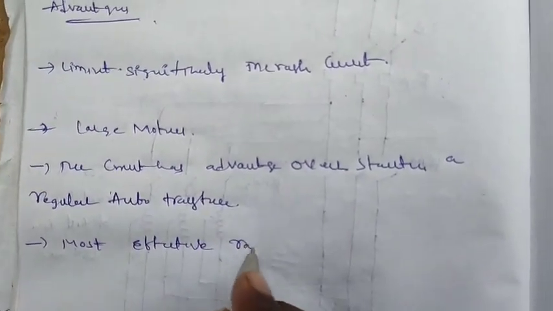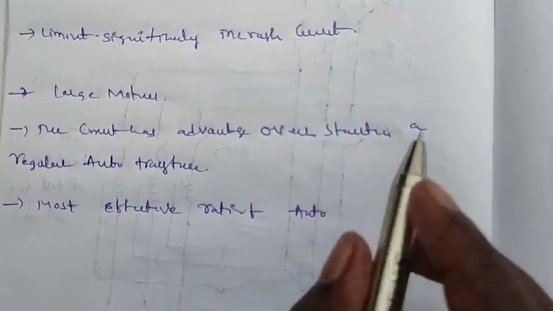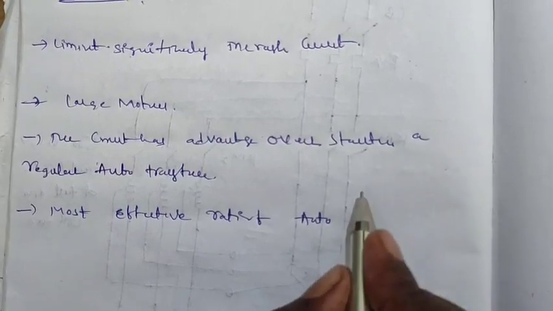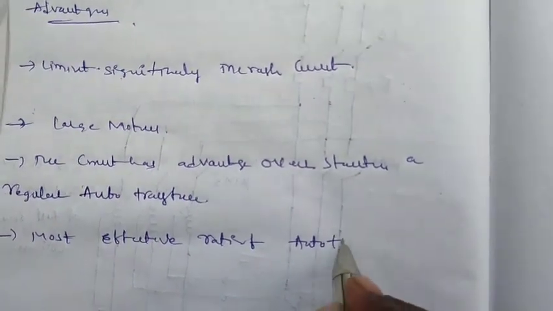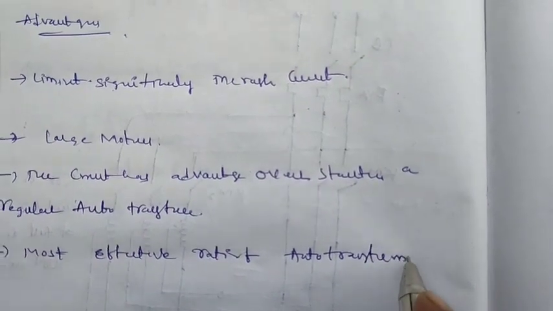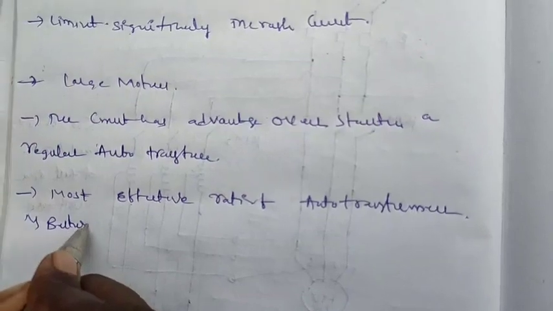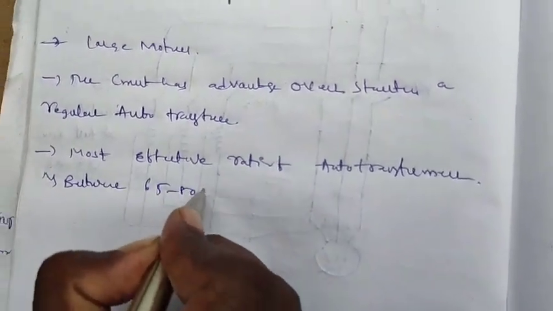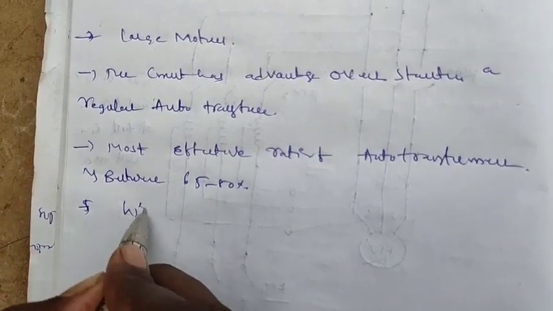The most effective ratio of the auto transformer is between 65 and 80%. It gives the highest starting torque.